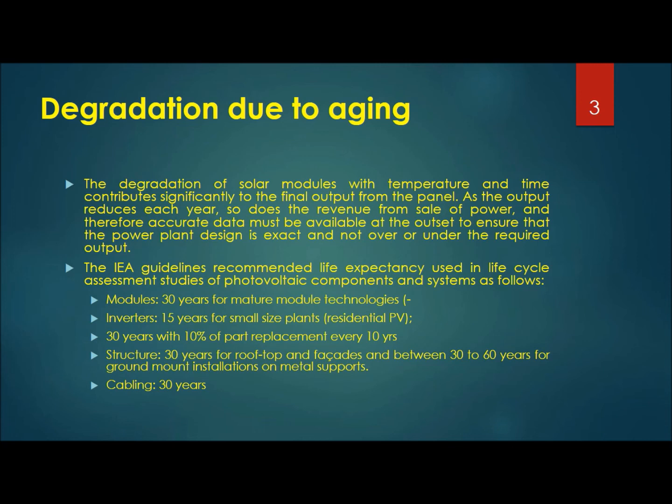Lifetime of the module is one of the four factors, besides system price, system yield and capital interest rate, which decides the cost of electricity produced from the module. And this lifetime is decided by the degradation rate.